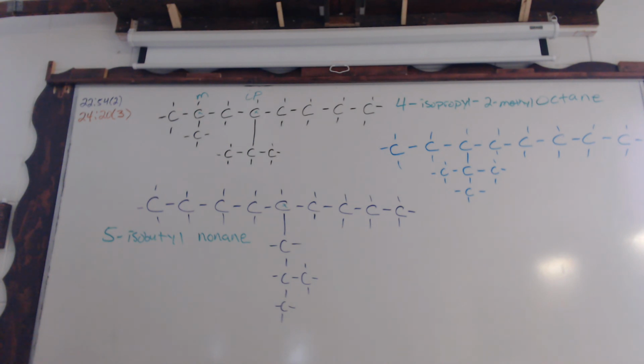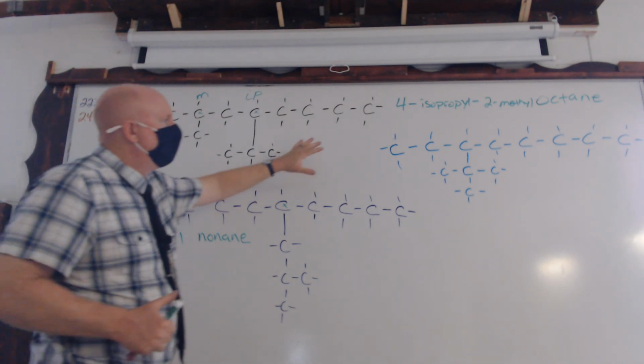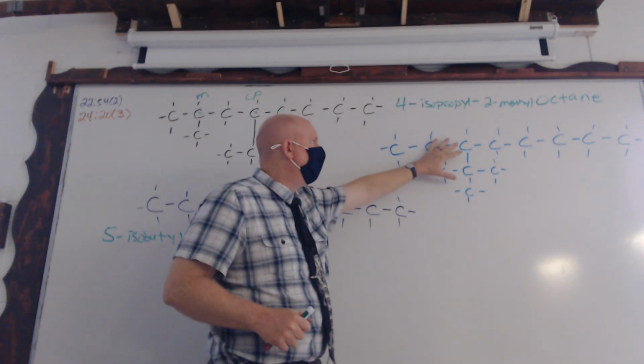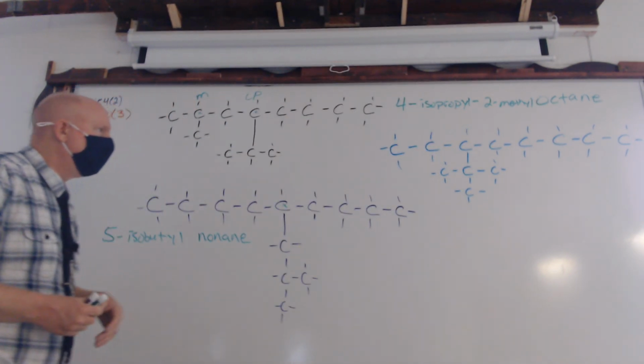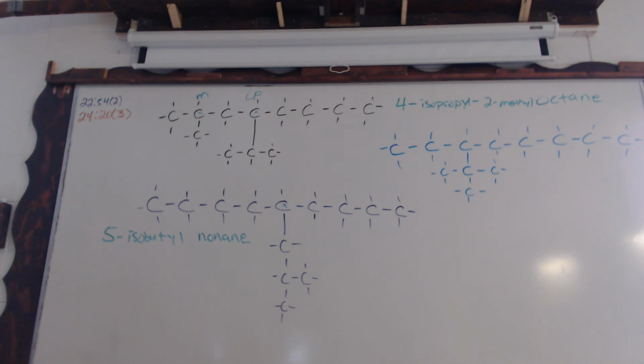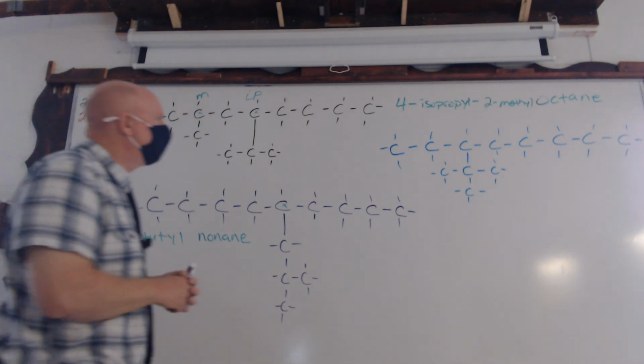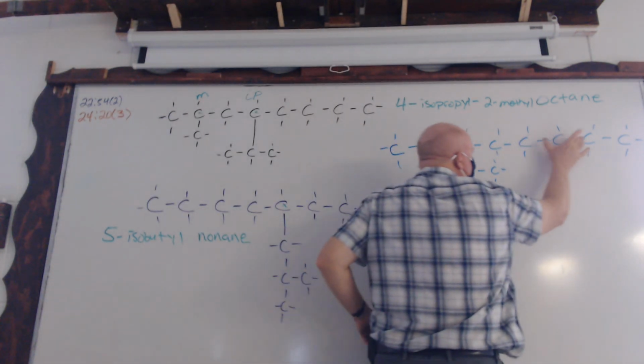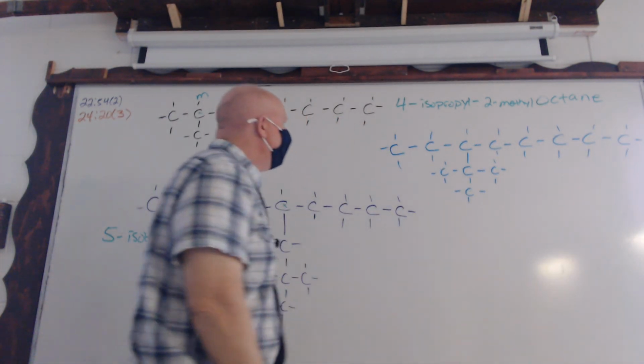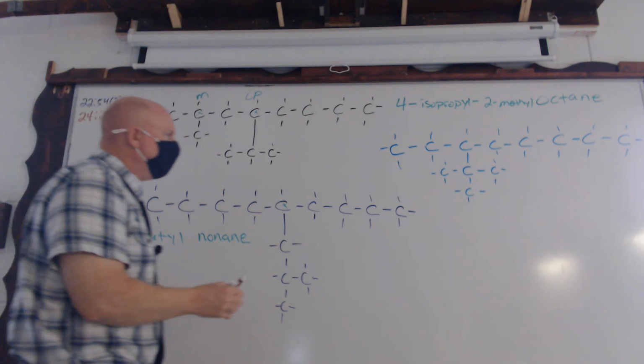Okay? And then finally, what do we have up here in the blue? I think that's still a nonane. Well, it's only 8. 2, 4, 6, 8. Okay. So it is octane then.